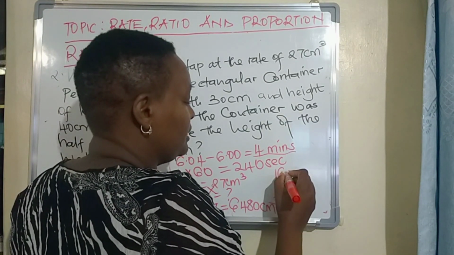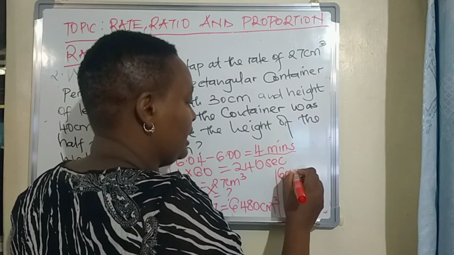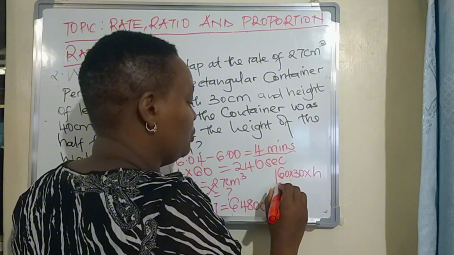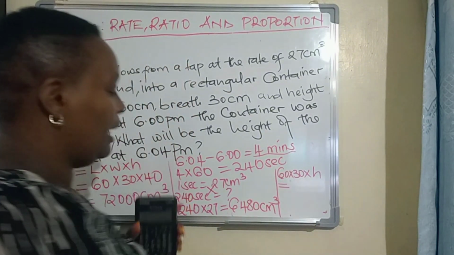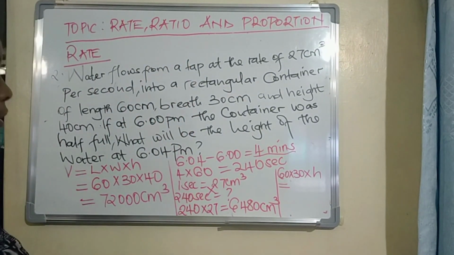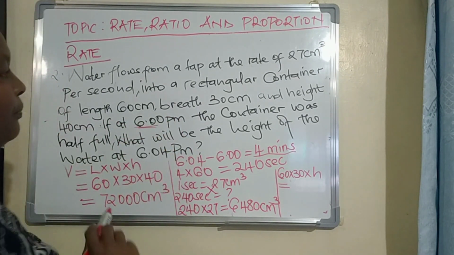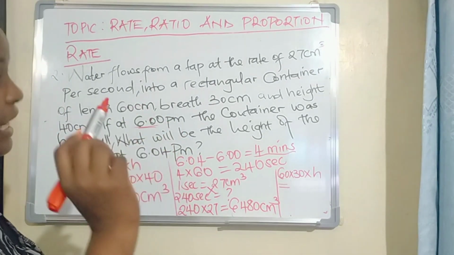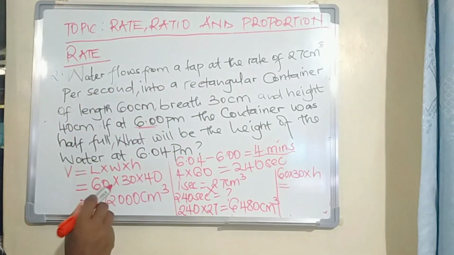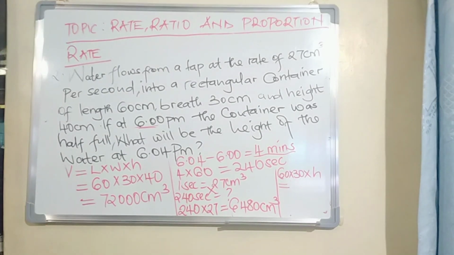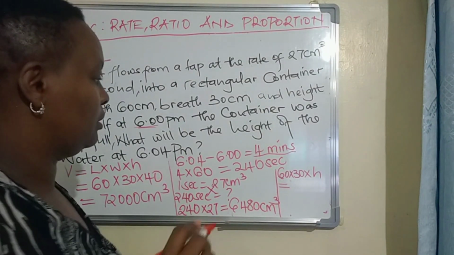So 60 times 30 times a height we don't know should be equal to a total of, we were told at 6 p.m. the tank was half full. So half of 72,000 is 36,000 centimeters cubed.